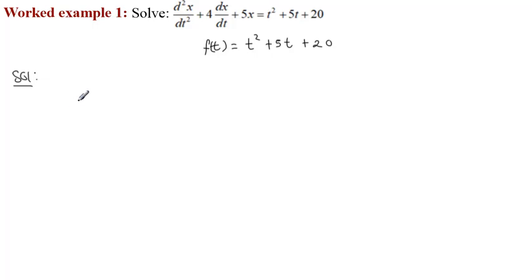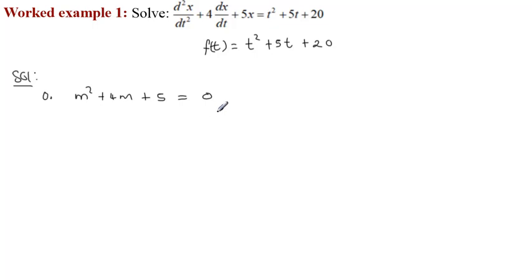Now solving this, we'll do the following. Like we said before, our initial step will be to extract the characteristic equation for this differential equation, which will come out as m squared plus 4m plus 5 equal to 0. Now, to solve this characteristic equation, we already know how to use the roots to get the characteristic solution. First of all, note that this quadratic expression cannot be factorized.